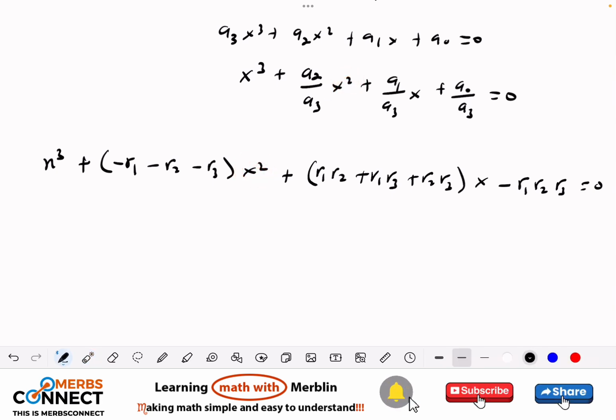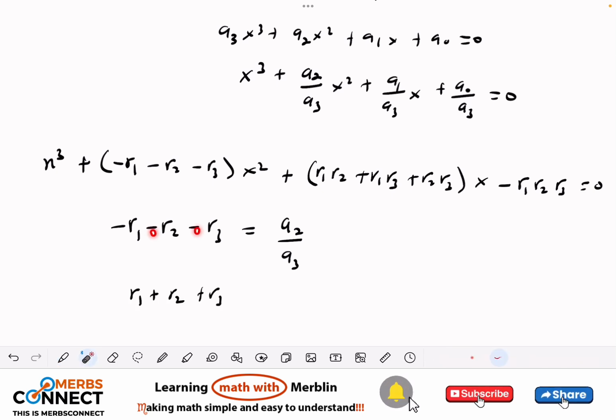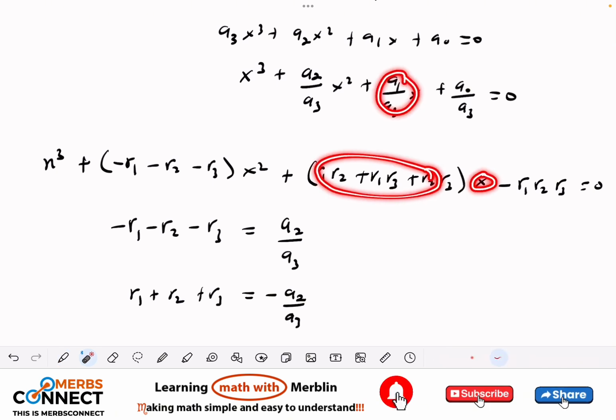It means that minus r1 minus r2 minus r3 is equal to a2 divided by a3. It means that r1 plus r2 plus r3, when I factor minus out, will be equal to minus a2 over what? a3. Right. Then the coefficient of x here is the same as what is here.